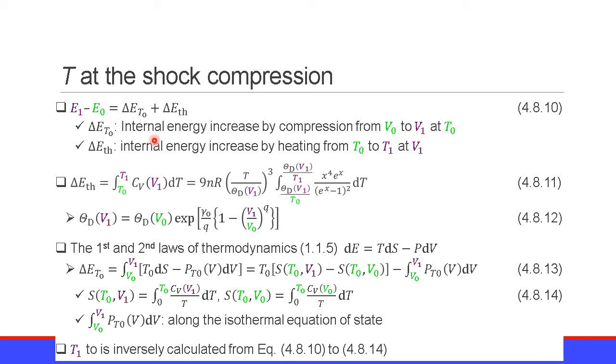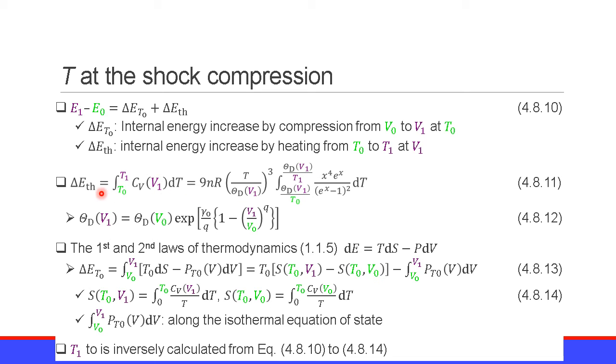One is the internal energy increase by compression from V0 to V1 at temperature T0 before compression, and delta E_Th is the internal energy increase by heating, the temperature increase from T0 to T1 at compressed volume V1.